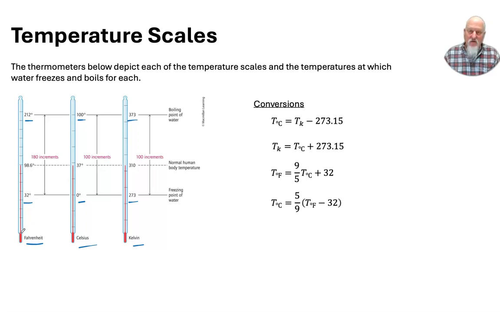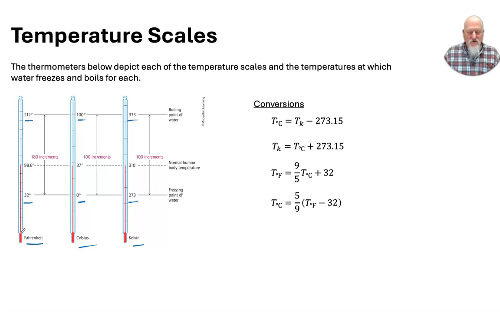So the difference between the two is simply shifting the scale by 273 or 273.15, depending on how precise you want to be. So basically, if I change my temperature by 10 degrees Celsius, that's the same thing as changing it by 10 Kelvin. Right? Fahrenheit isn't quite that simple.